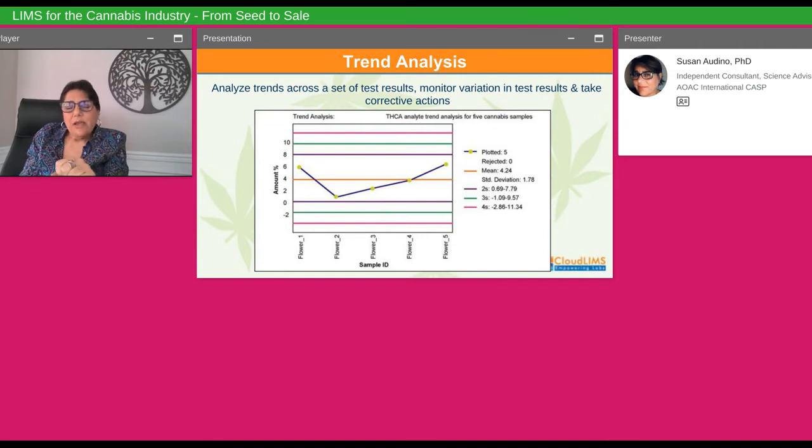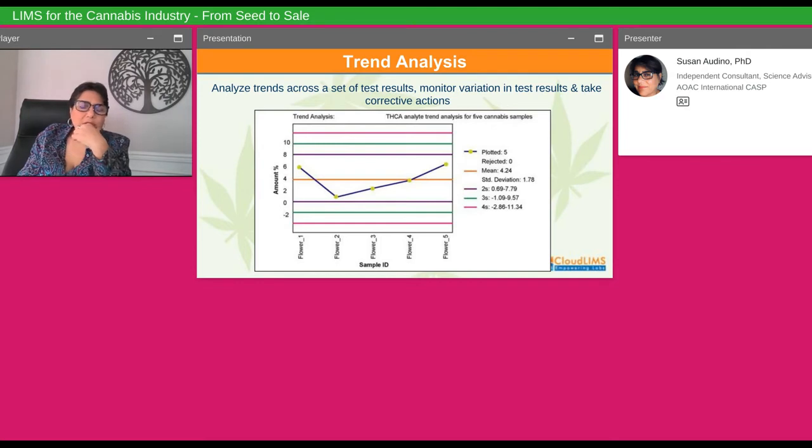So this trend analysis is an awesome tool. Why are we plotting the trend at all? Not only is it giving us indication of pass or fail of our QC, but ideally what it's doing is setting up the framework for us to project and forecast a problem before it becomes a problem.